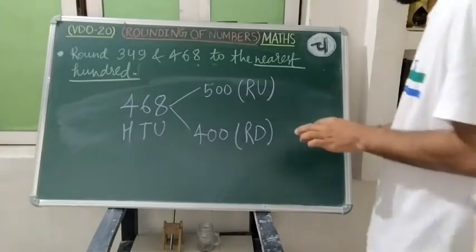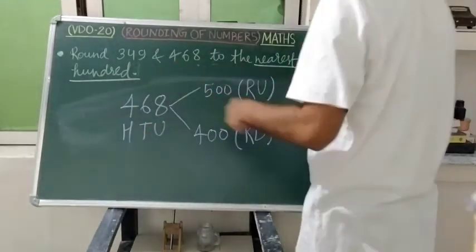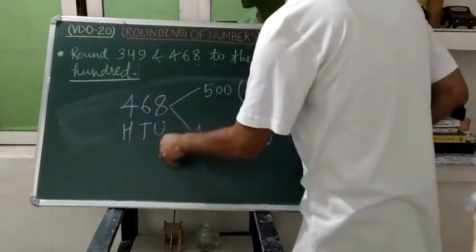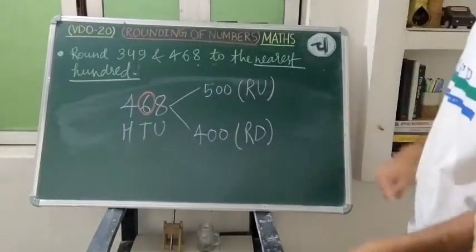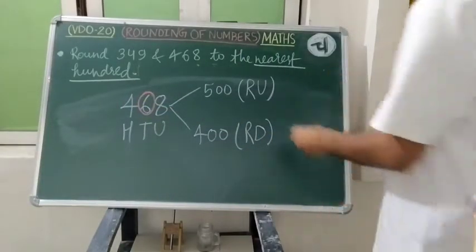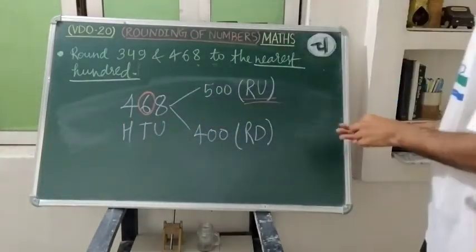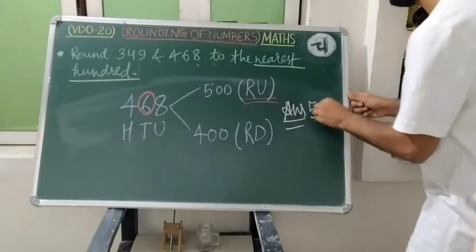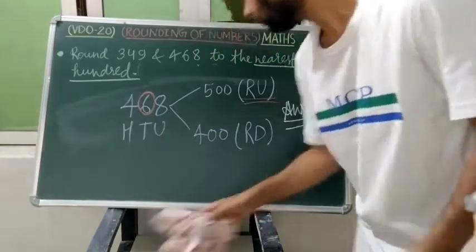Next task is to select the number present on the right side of the place given to us. The place given to us is the nearest 100. On that right side 6 will come, and for 6 what will we do? We will round up. So at the place of 468 what will come? 500. So your answer will become 500. Getting it?